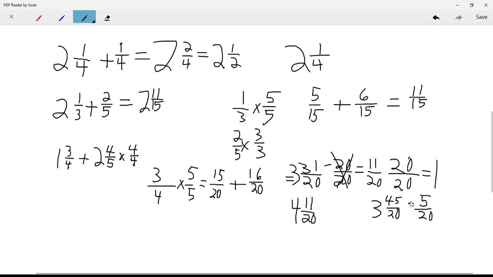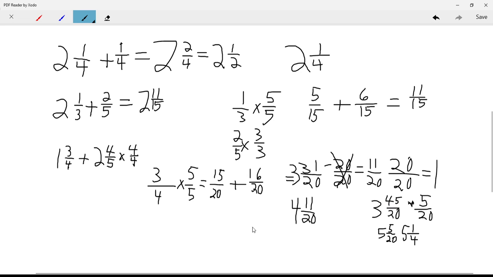So it would end up being 5 and 5 twentieths, which I would then reduce. 5 is a factor of both 5 and 20, so that would be 1/4. So it would be 5 and 1/4, just as an example if you got something like this.